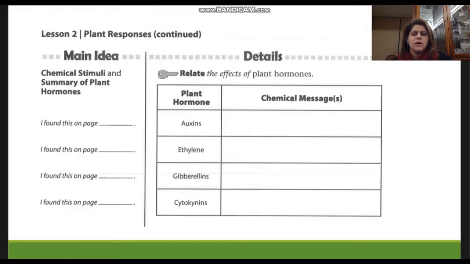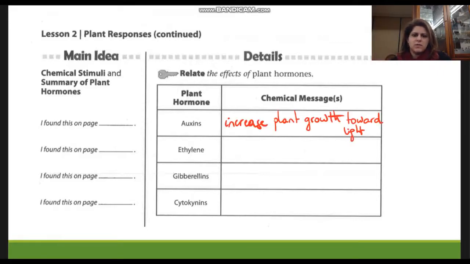Each plant hormone has a specific message to the plant, inside the plant. It's doing something to the plant, so it has an effect. There's something that's going to show in the plant.